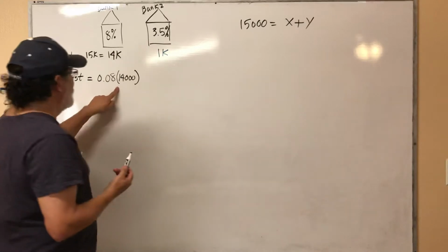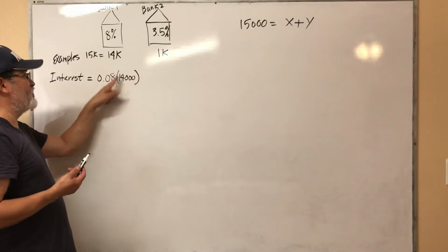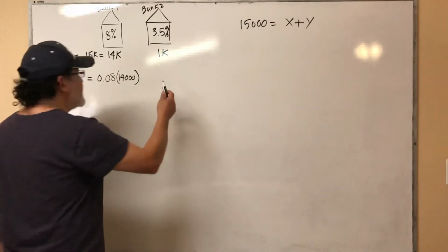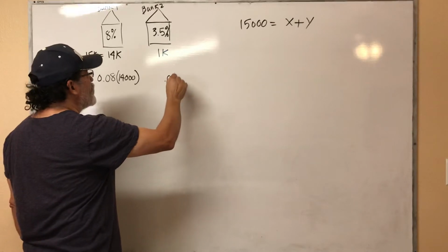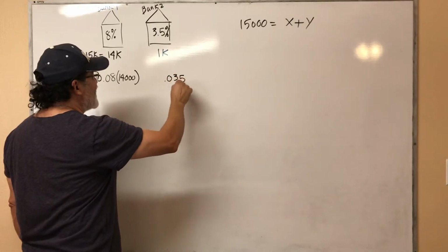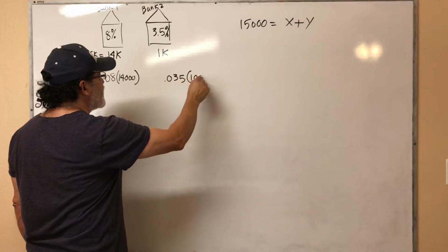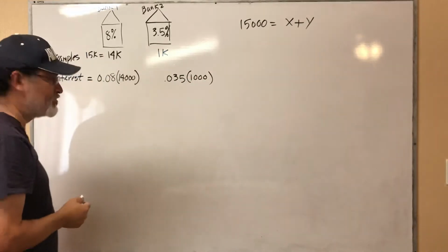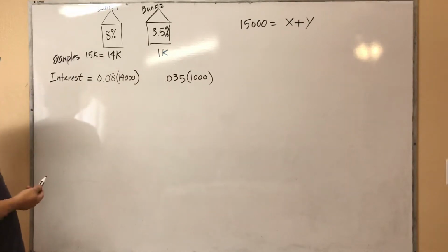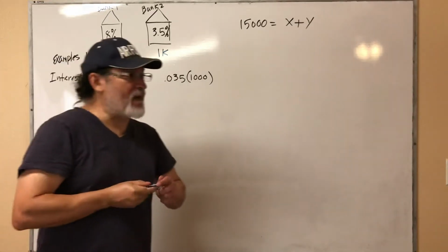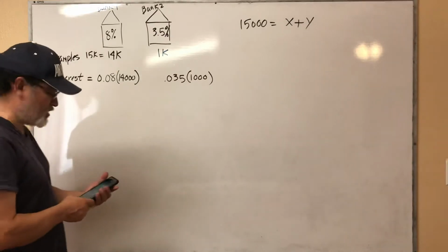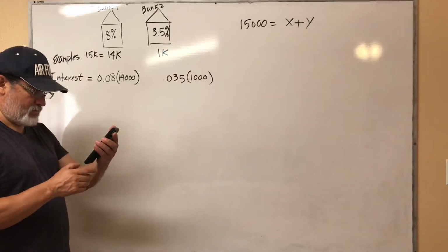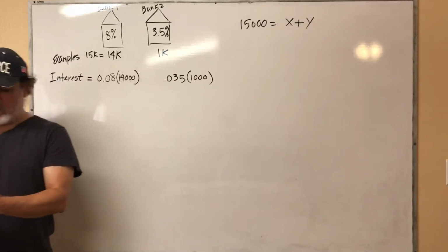Well, if $14,000 was invested in bank 1, the interest in bank 2 is going to be what? 0.035 times 1,000. Okay. You can multiply, good class, you can multiply that at this amount. You can multiply, yes you can.